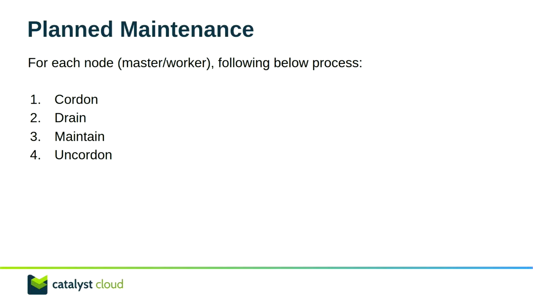And the second step is drain. Drain means I want to reschedule all the workload currently running on that worker node to other worker nodes so that I can do maintenance on that node. The third step is just do whatever you want to do for that worker node, say upgrade the version.